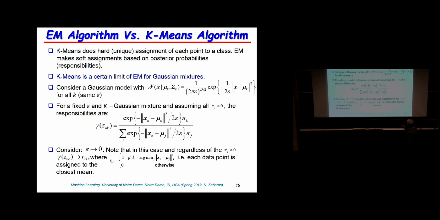When this quantity here, x_n minus mu_j, becomes minimum. So effectively, when k becomes the argument j that minimizes the distance of x_n from the centers, then this gamma(z_nk) that you get becomes the same as the r_nk we use in the k-means algorithm.